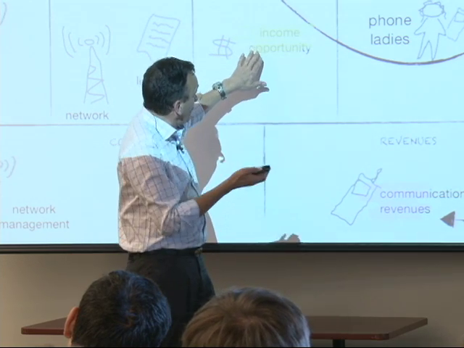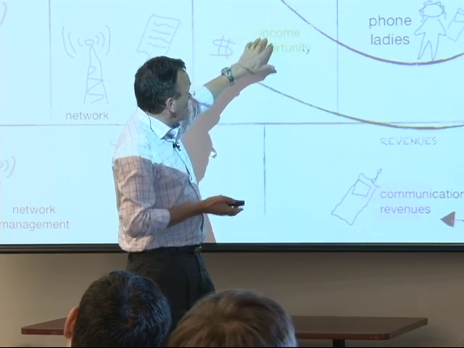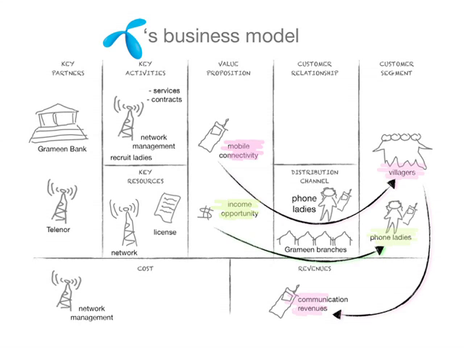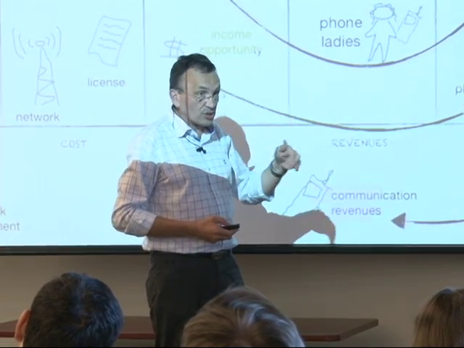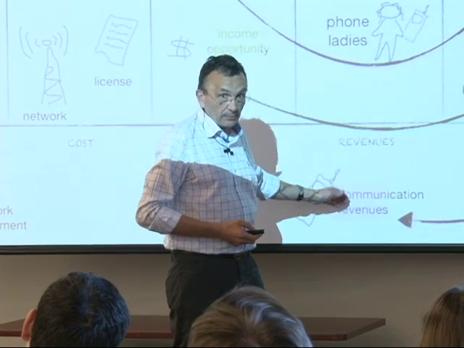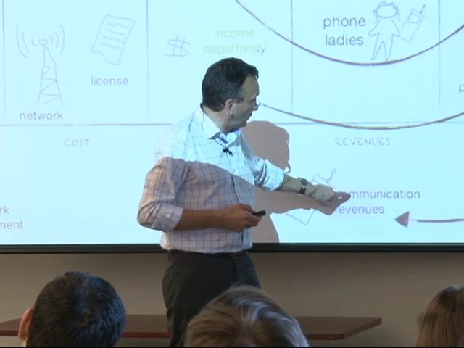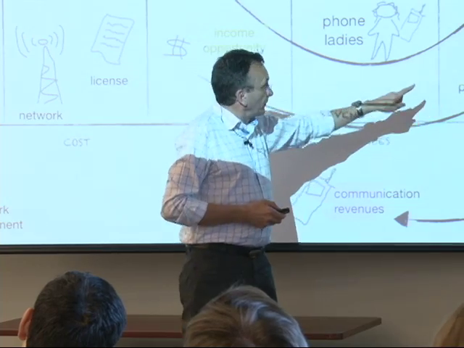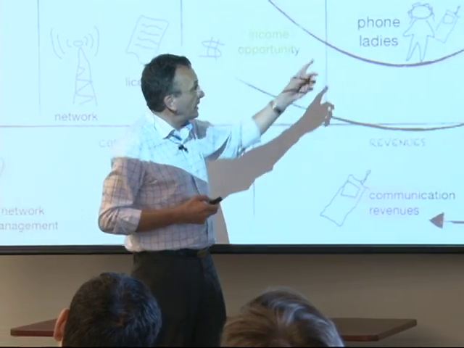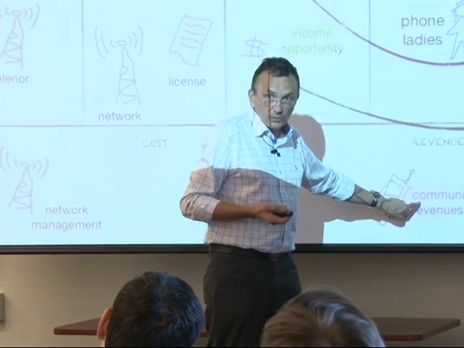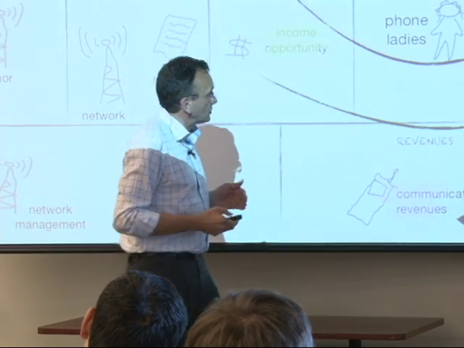So they offer an income opportunity to those phone ladies. Those ladies don't bring money in, so we have only one kind of customer generating the revenue, people calling or using the phone. But those ladies will have an income opportunity based on a kind of percentage on those communications. That's a way of using this model.